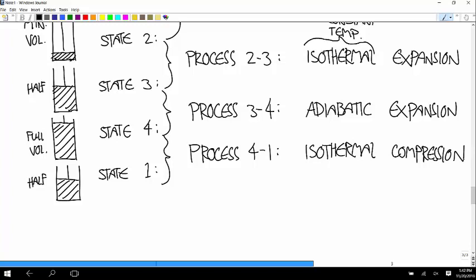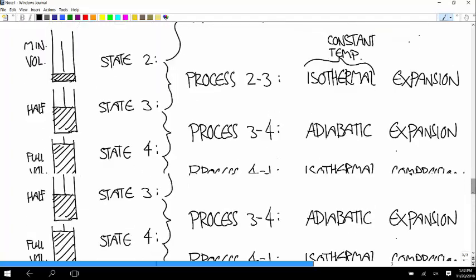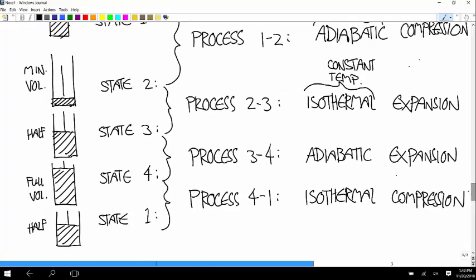So if you think about contact with different reservoirs, the process from state 1 to state 2 is adiabatic, so that's insulated.